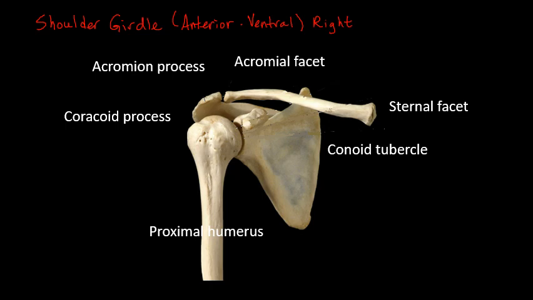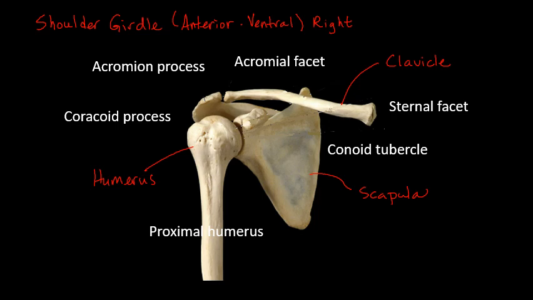Okay, so the bones that make up the shoulder girdle include the clavicle, the scapula, and the humerus. Nothing funny about that.